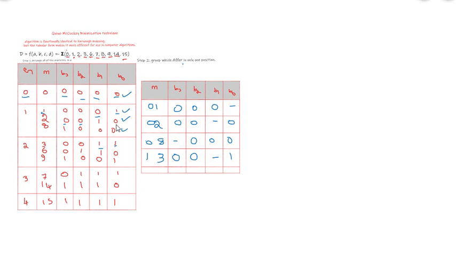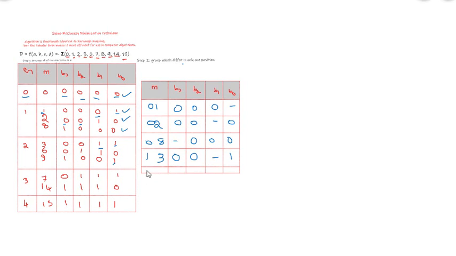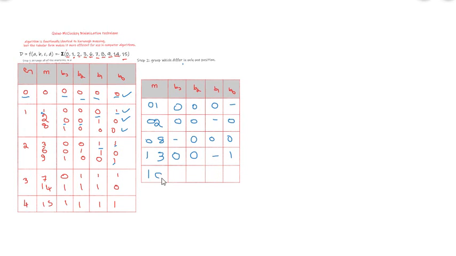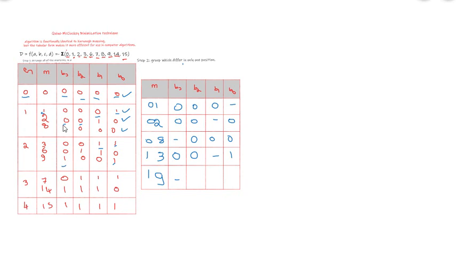Now go with the next, 1 with 6. It is not necessary to compare 1 with 6, because the last bit of 1 is 1 and the last bit of 6 is 0, so it won't work. Then we go with 1 and 9. 1 and 9 work because B0 is 1 in both. So what is the difference? The first bit varies: in 9 the first bit is 1, but in 1 the first bit is 0.